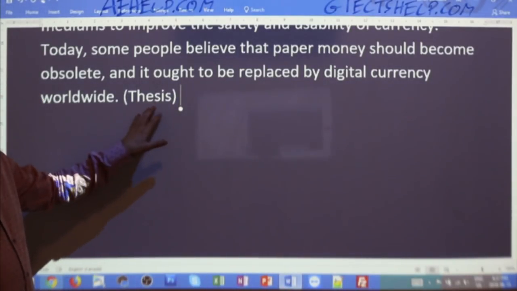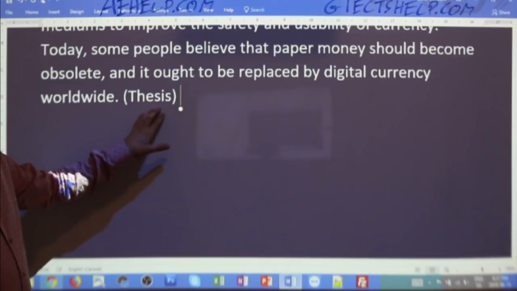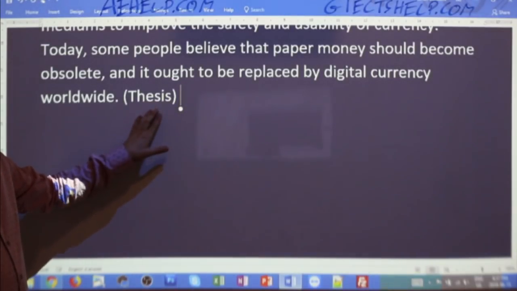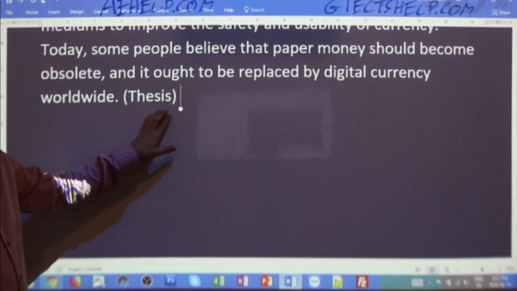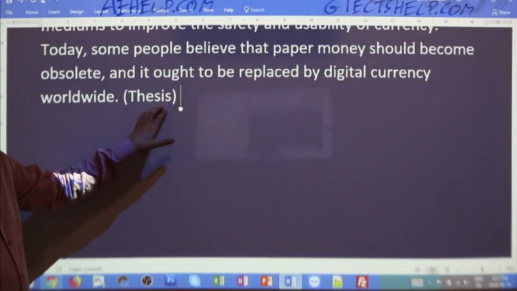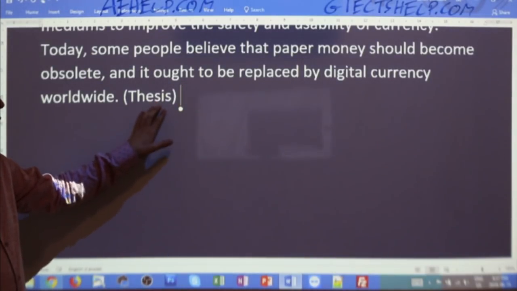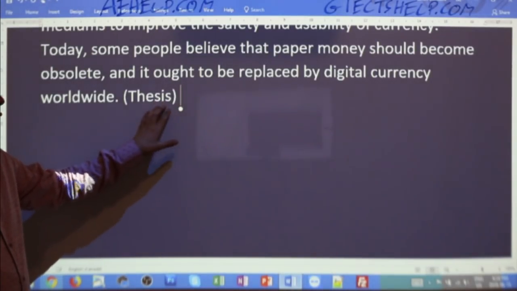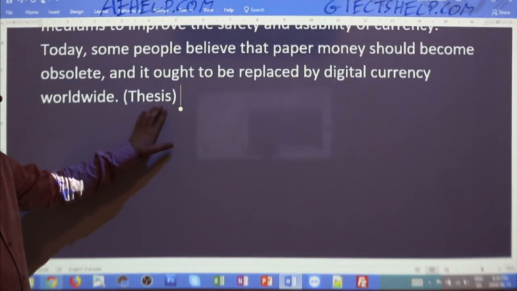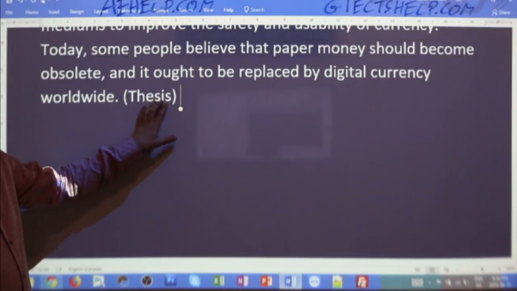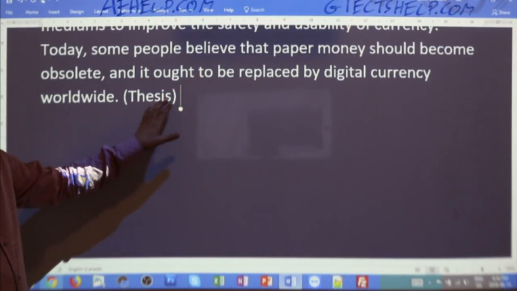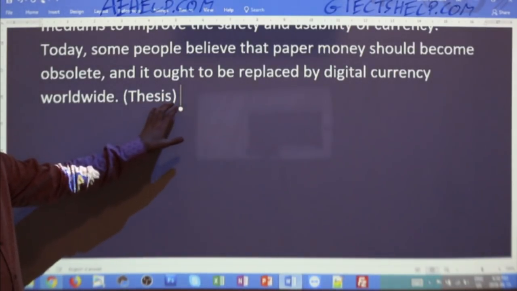All right, so here I'm waiting for the thesis. Remember, a good thesis will make your essay. A bad thesis will break your essay. That's the bottom line. If you don't know how to write a good thesis, please, please, please, ladies and gentlemen, take time to learn how to write a good thesis and the rules of writing a good thesis. For the IELTS, please use a direct thesis.